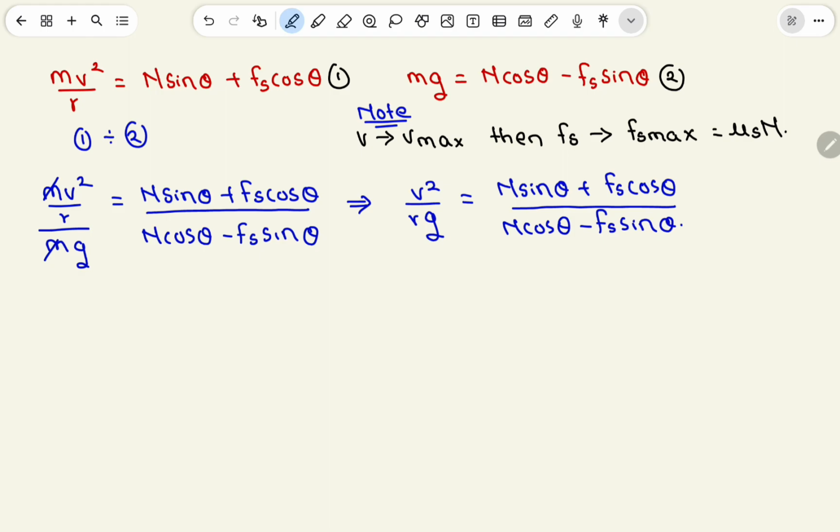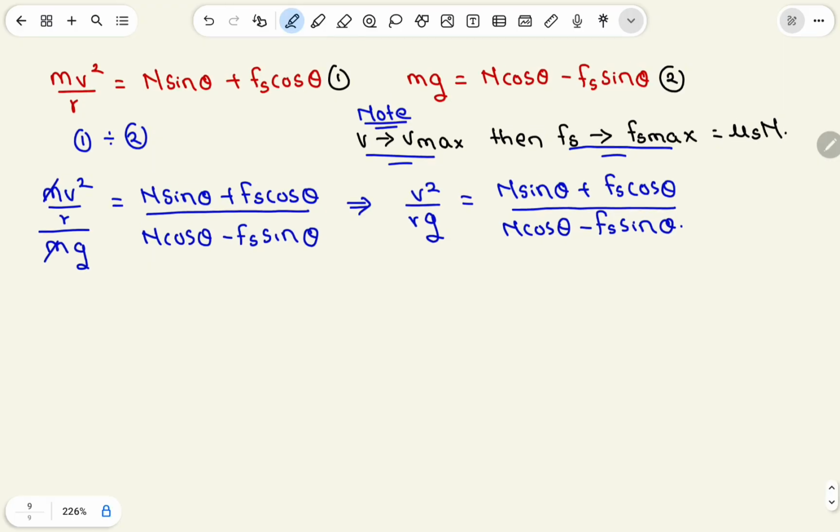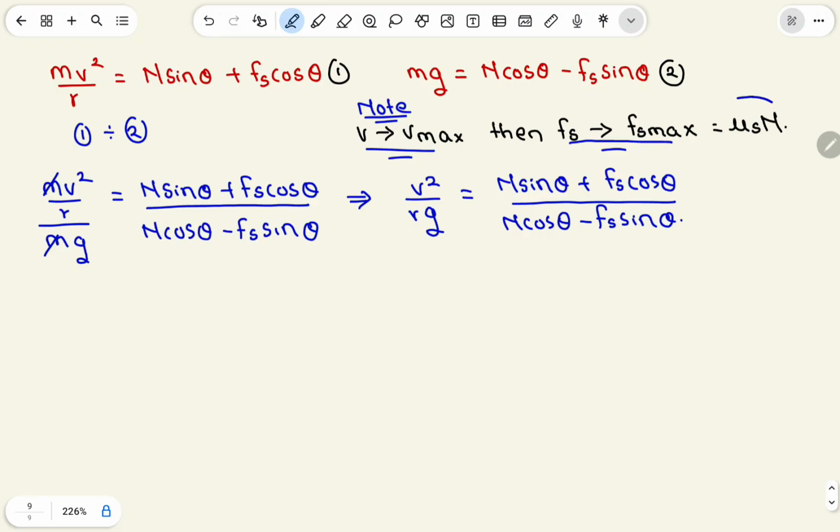Now we use the fact that when the vehicle is traveling with the maximum speed, the friction force applies its maximum effort to avoid the tendency of the vehicle to be thrown outwards. So when V tends to V max, the Fs must tend to Fs max. So the friction must apply the maximum effort that is possible to it so that it will prevent the vehicle from getting thrown outwards.